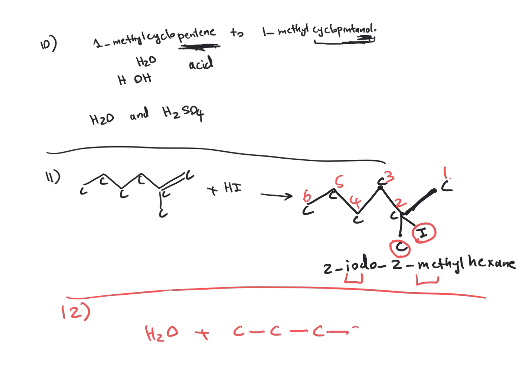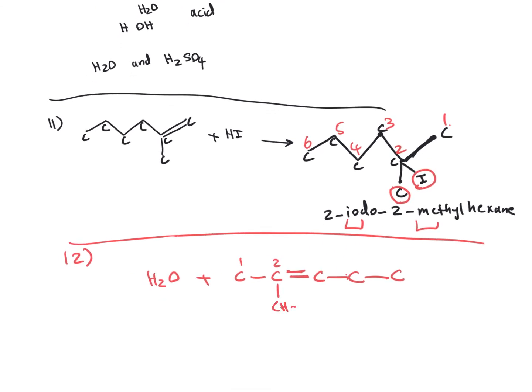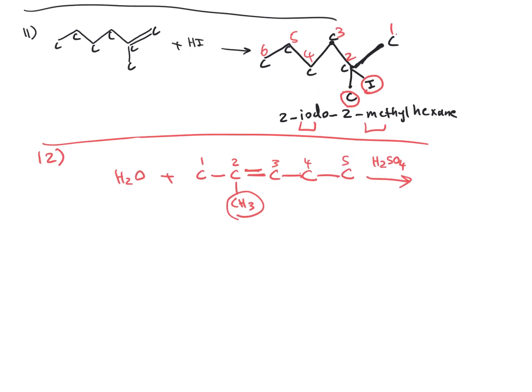So we have 1, 2, 3, 4, 5, and 2-pentene. It means that in the second carbon, we have a double bond, right? And 2-methyl, CH3, right? 2, 3, 4, 5. So this is 2-methyl-2-pentene. And we have sulfuric acid as a catalyst, right?